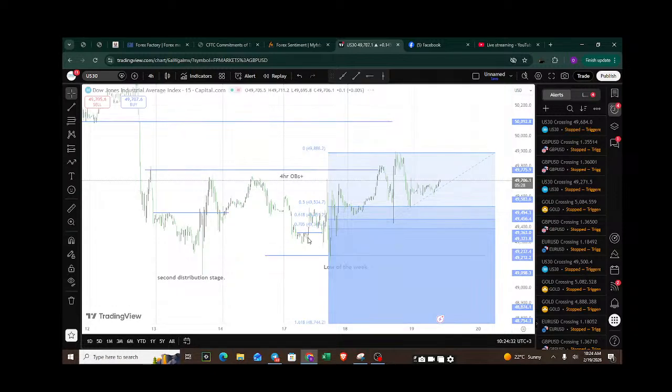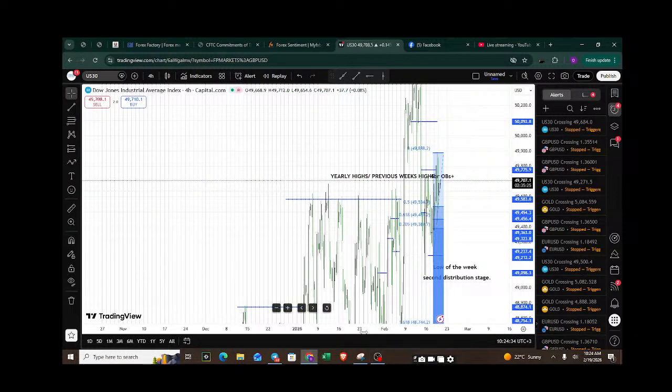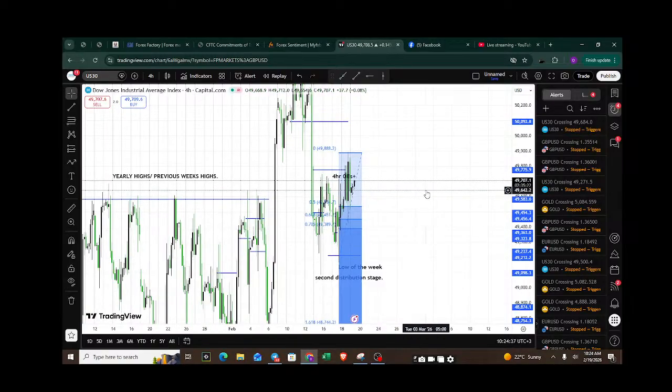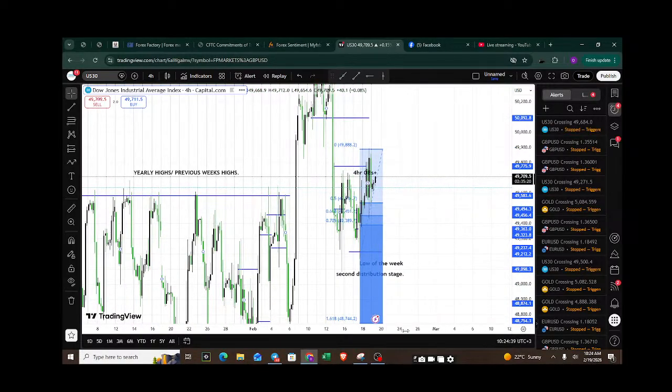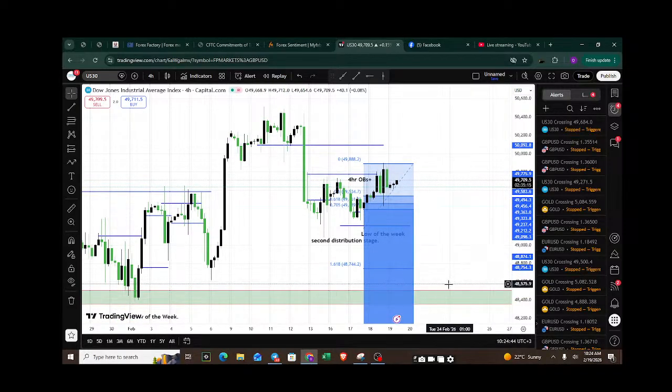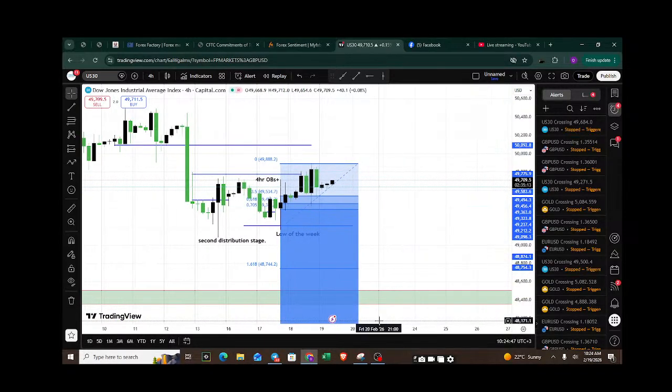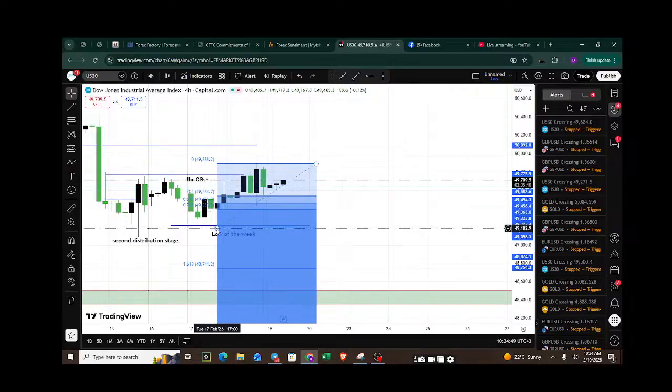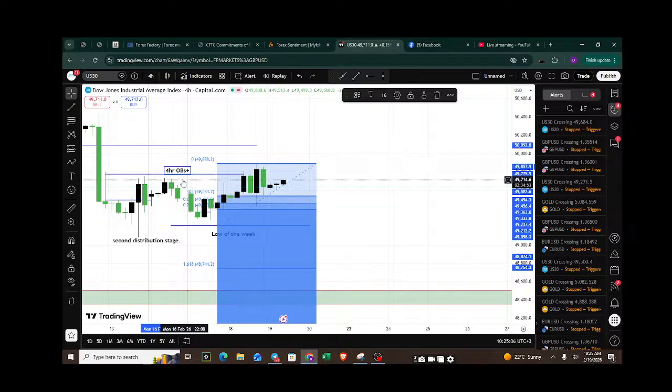So now when we step into the 4-hour time frame, these were 4-hour order blocks here, and the price has closed above them.